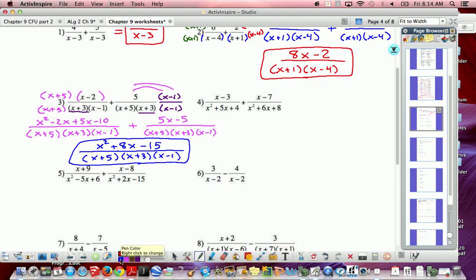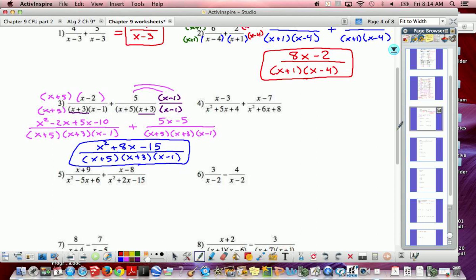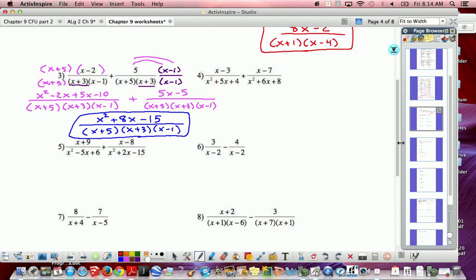All right, number 4. Number 4 is a little bit harder because on number 4, notice how the bottoms aren't factored. So the first thing I'm going to do is factor this. Factors of 4 that add up to 5 are x plus 4, x plus 1. On the second one, the factors are x plus 2, x plus 4.